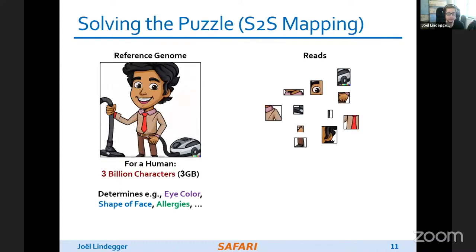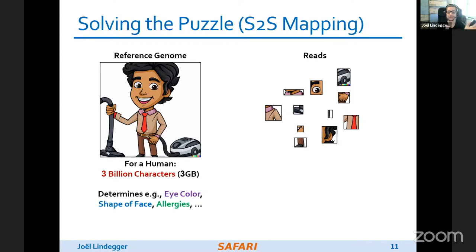So if the reference genome corresponds to the full picture, then reads would correspond to small fragments of the picture. Now, it doesn't necessarily mean that each small fragment, each read, corresponds to exactly one feature. Rather, it corresponds to substrings of the entire string of these 3 billion characters.